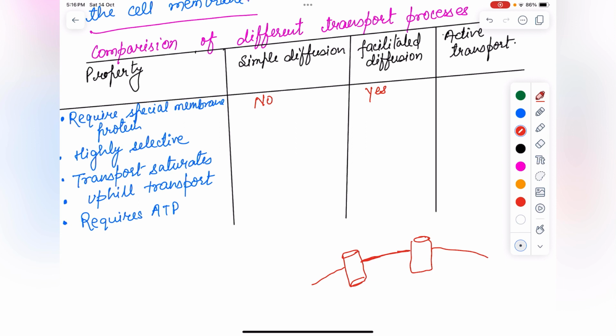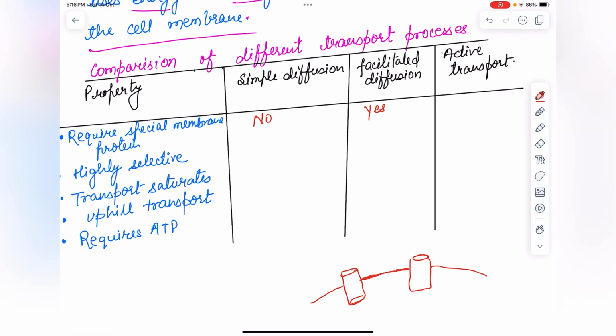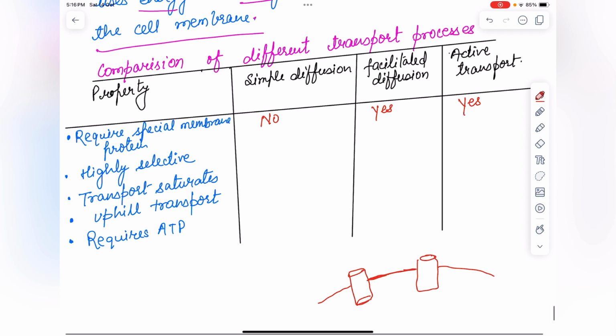So for this, yes, a special membrane protein is required. Active transportation: yes, it also requires a special membrane protein. Next is highly selective. For simple diffusion it will be no, it is not highly selective.